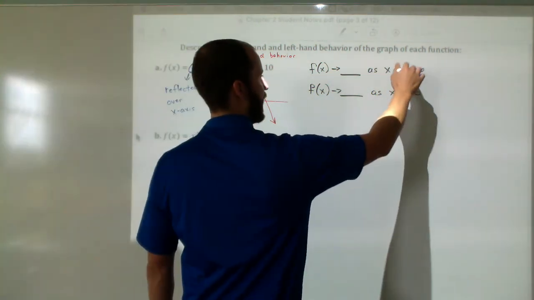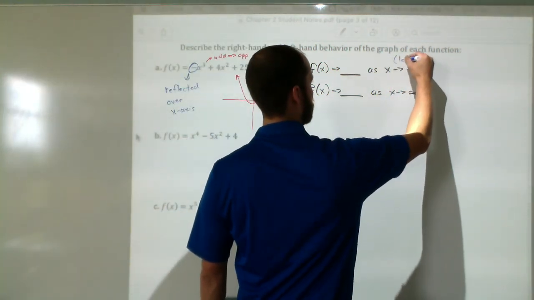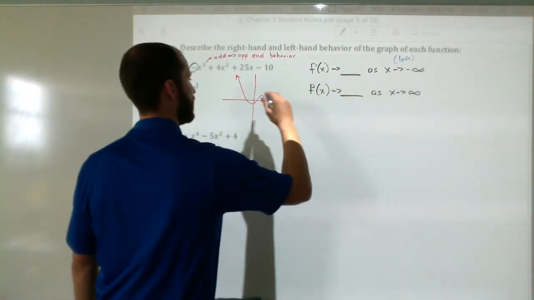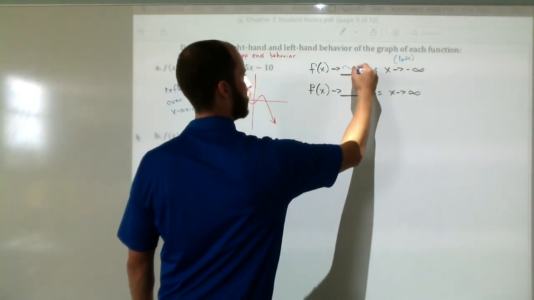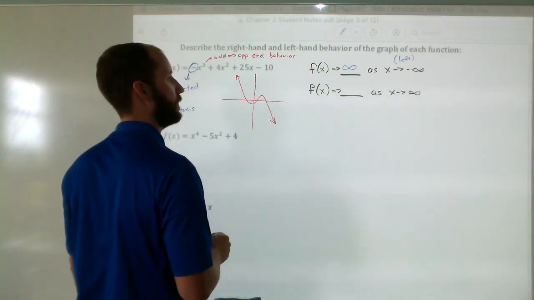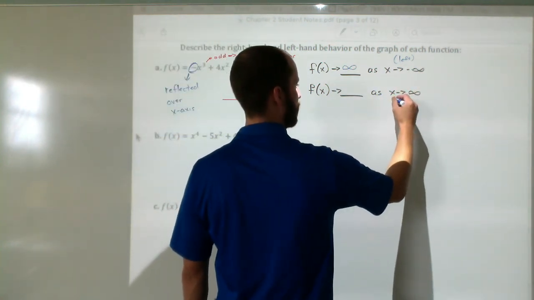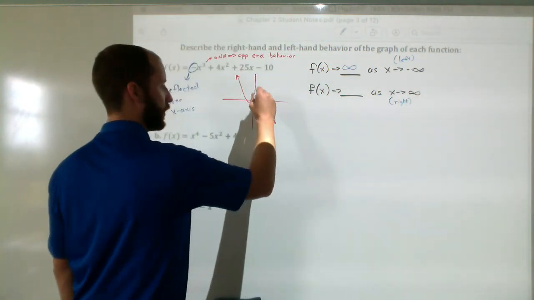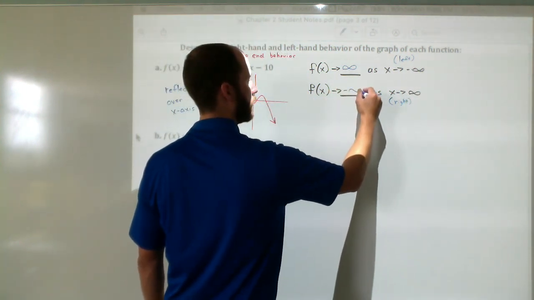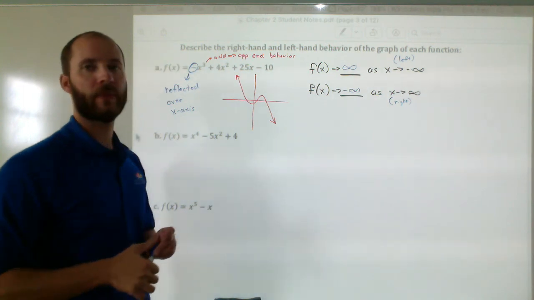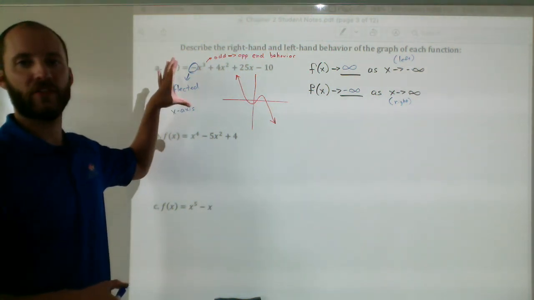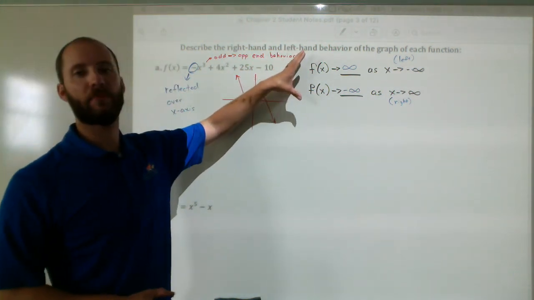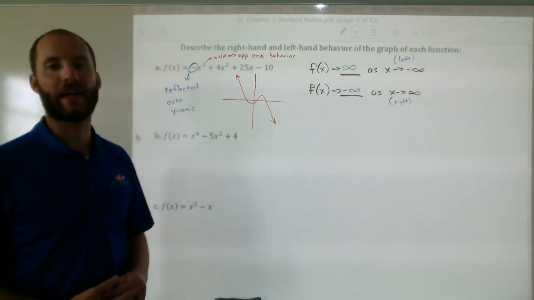As we approach negative infinity, remember this is as we go to the left, we see the function's going up, so we'd fill in positive infinity. As x approaches positive infinity, that is going to the right, we see it's going down to the right, so we have negative infinity. So that's the leading coefficient test, and then this template for writing your mathematical conclusions.